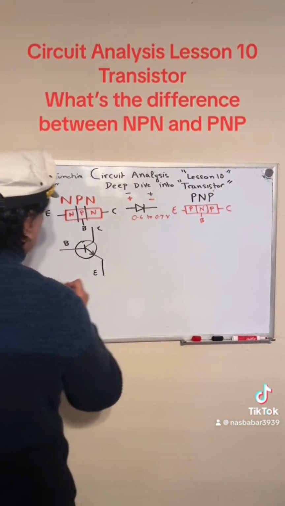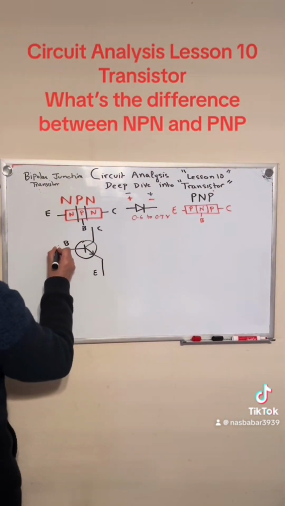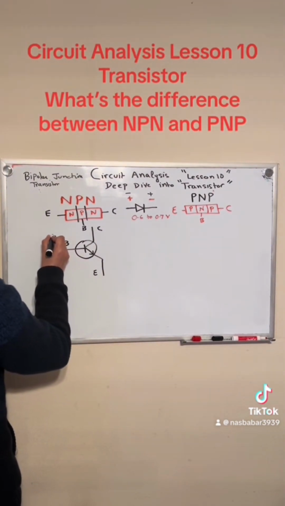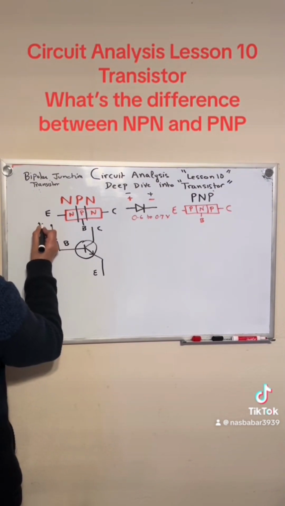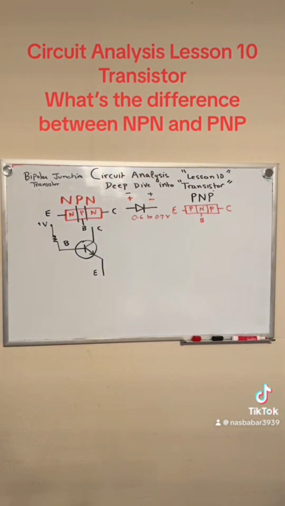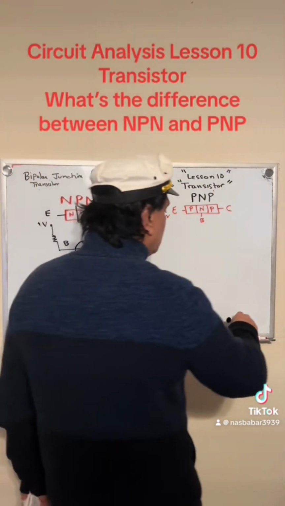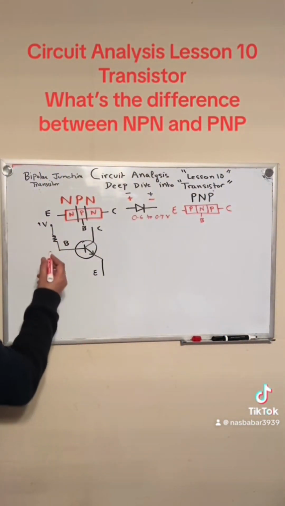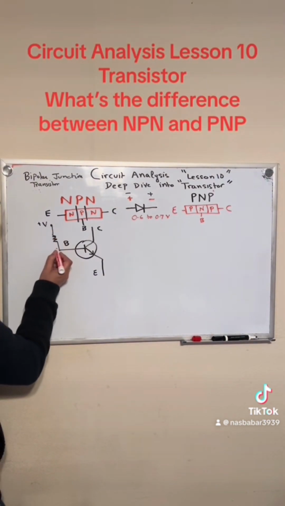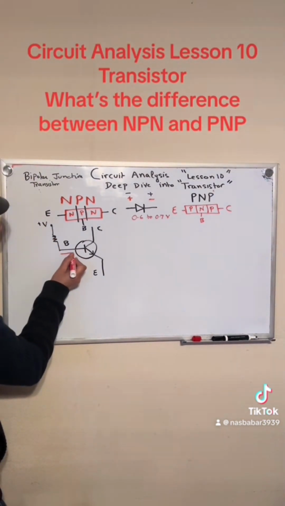All right. Now this right here is basically connected to a resistor, and then I have a voltage source right here. Okay. Now let's look at the direction of the current. In this case, we set a small current which will flow this way.